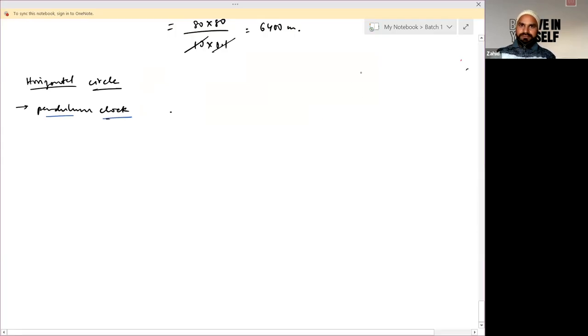Suppose you have a support at this point, and there is a vertical line for reference.